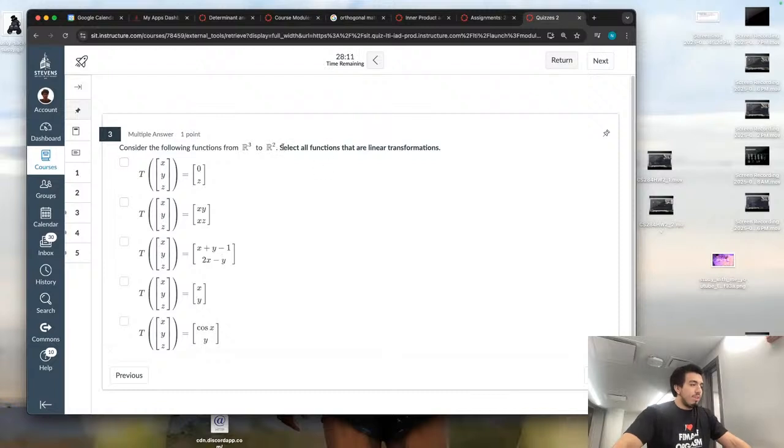Consider the following functions. Select all the functions that are linear transformations. Yep.